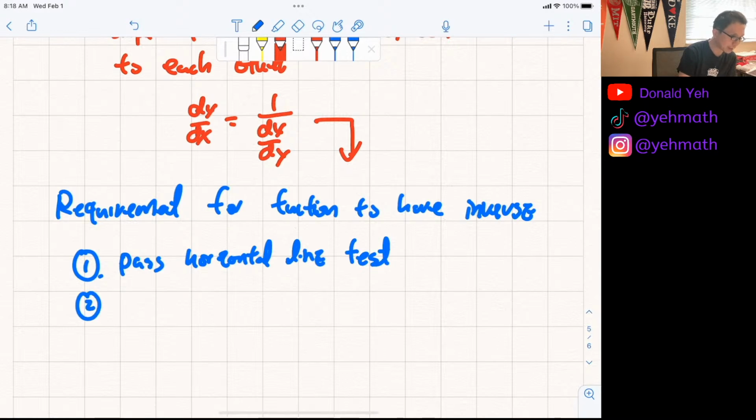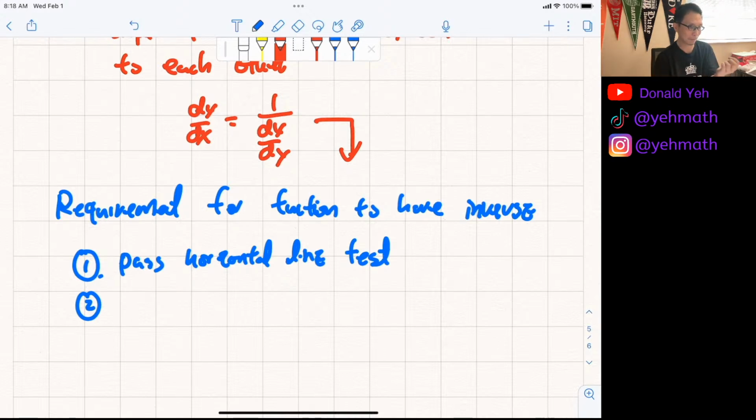With that being said, there's also another word that represents this. That word is super important. You're going to see it on math competition test questions. You might see it on AP exam questions.